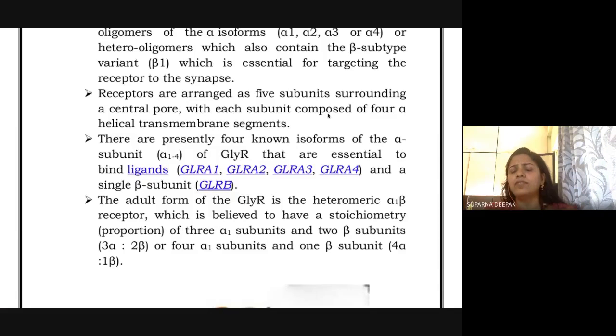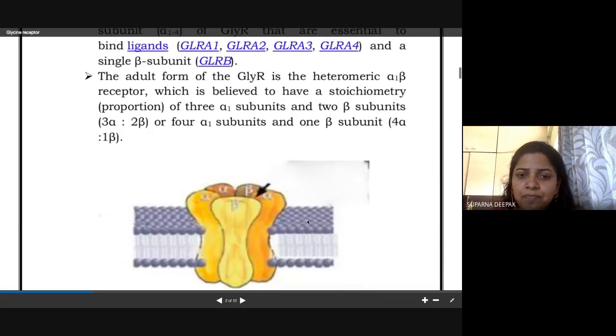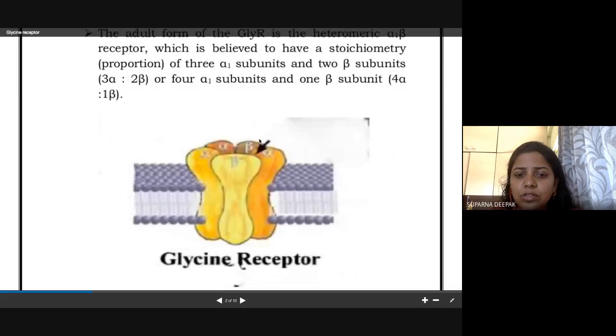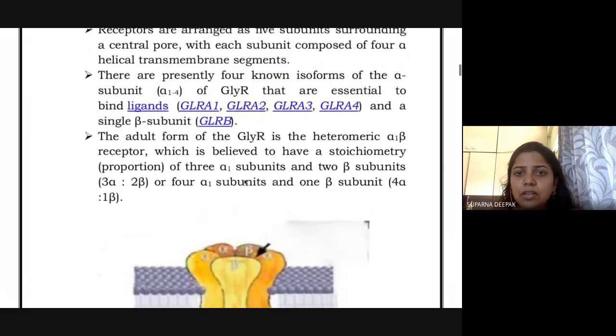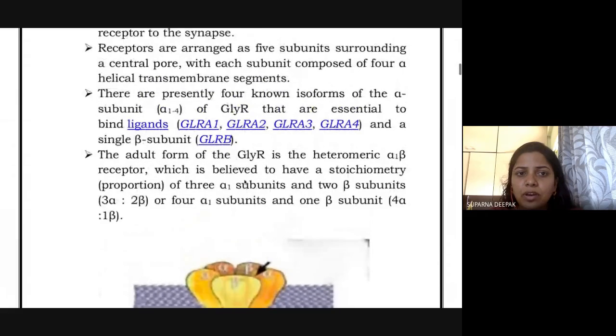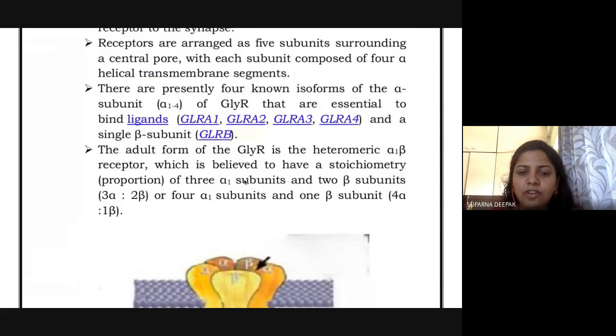As we have seen in the case of GABA, similarly here also your receptor is made up of 5 subunits. You can see a similar structure over here. So 3 are alpha and 2 are beta, that is, 2 beta subunits and 3 alpha subunits.